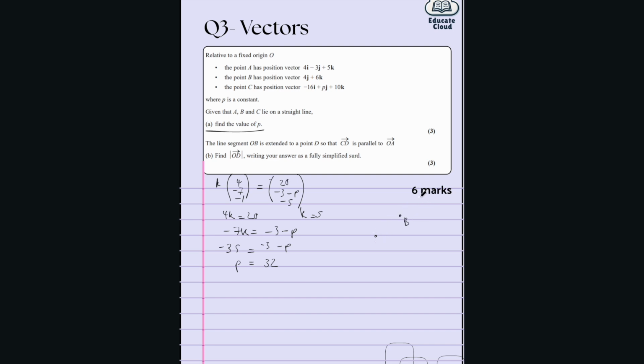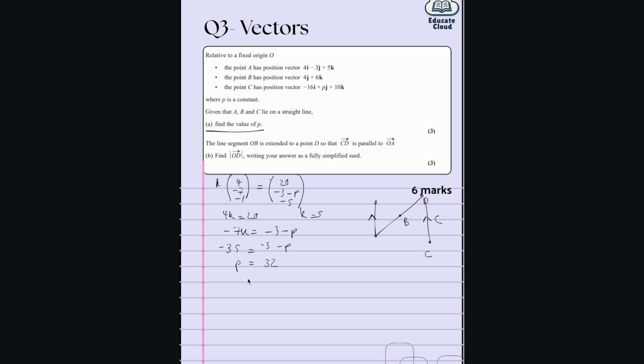So now this is extended to a certain point D, such that we know like A was somewhere here, C is somewhere here, such that OA is parallel to CD. This is again quite a tricky one. But again, it's done in a really similar way to part A through scalar multiples.